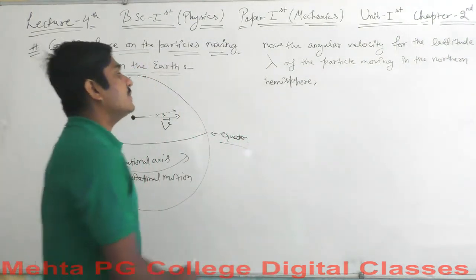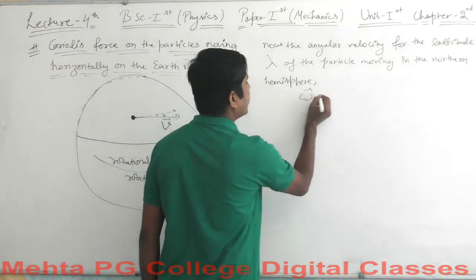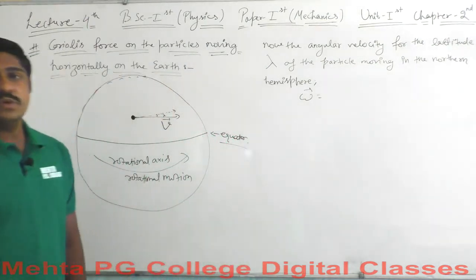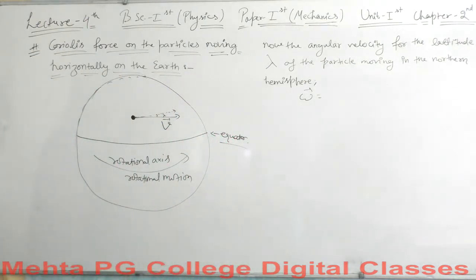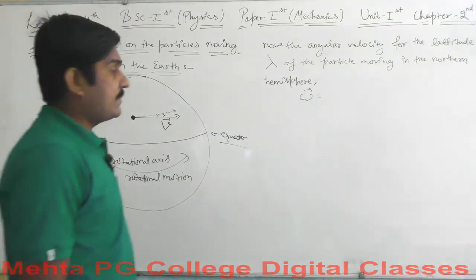If you remember the result, omega equals minus j cap omega cos of lambda plus k dash cap omega sin of lambda.